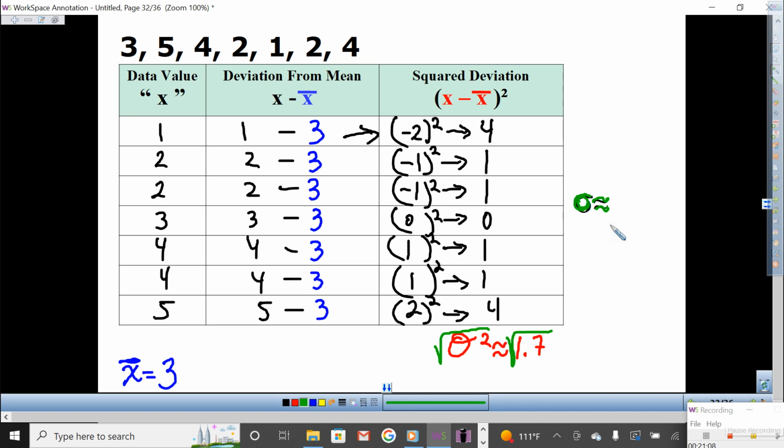All right, square root of 1.7 is, Matthew, you got it? 1.3? 1.3 approximately. Hands, if you got that? Looks about right. This is our standard deviation. Okay?